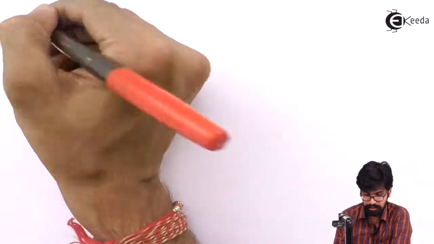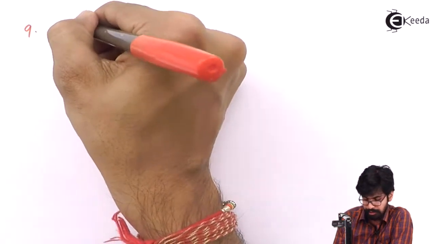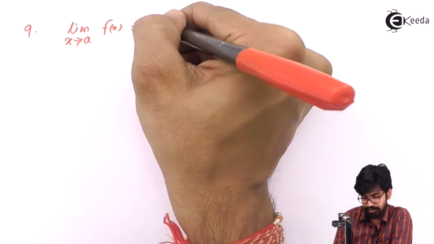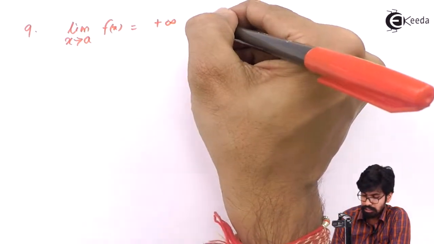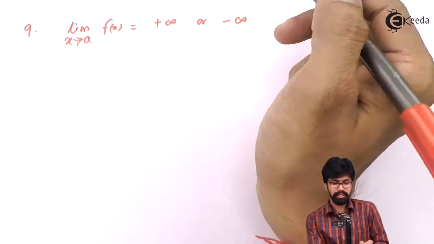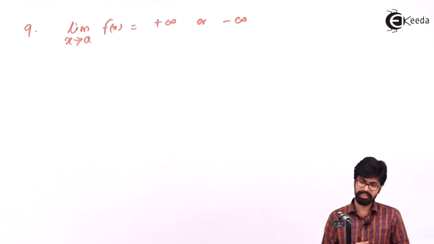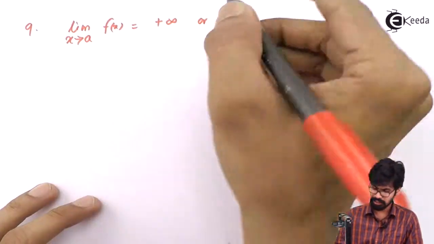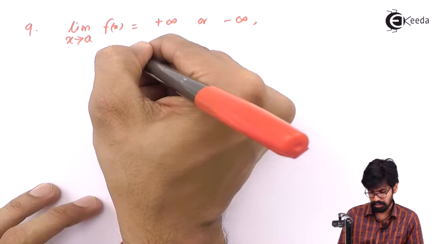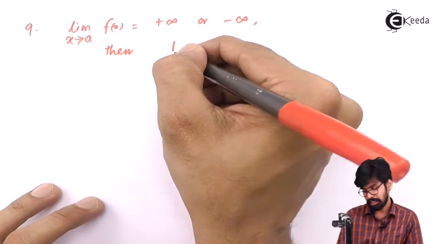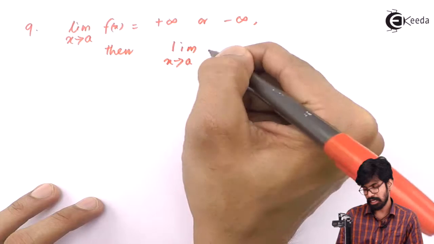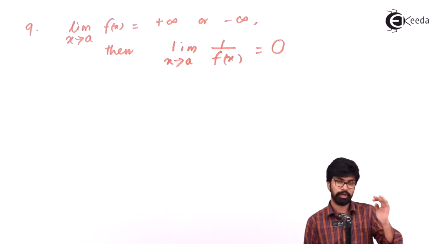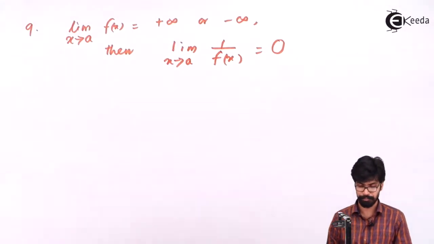The ninth one says that when limit as x approaches a of f of x is positive infinity or negative infinity, either way we can say infinity, positive or negative doesn't matter, then when we take limit as x approaches a of 1 upon f of x, that will be equal to 1 upon infinity, and that is equal to 0.